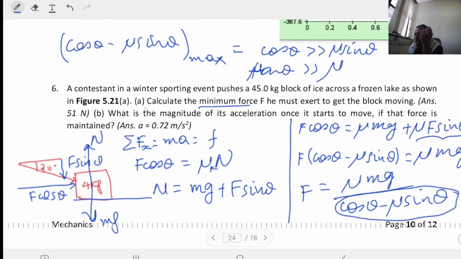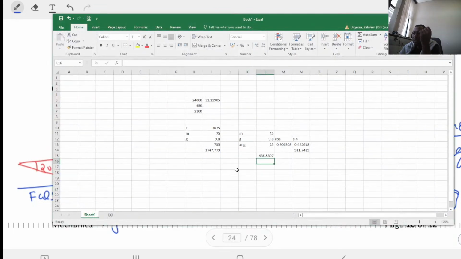Then if I go this way, tan of this one, you see what I'm writing, tan must be equal to sine over cosine, this divided by that. I got 0.46, that is tan.